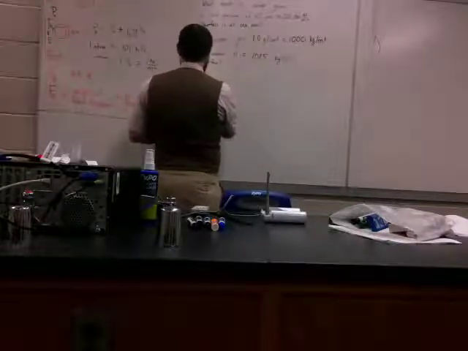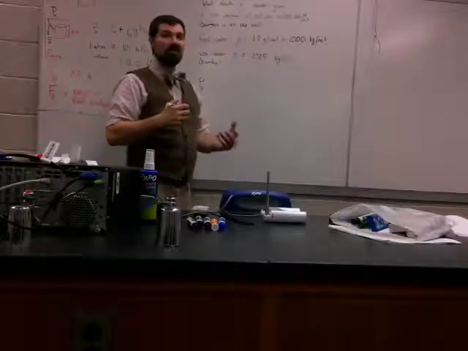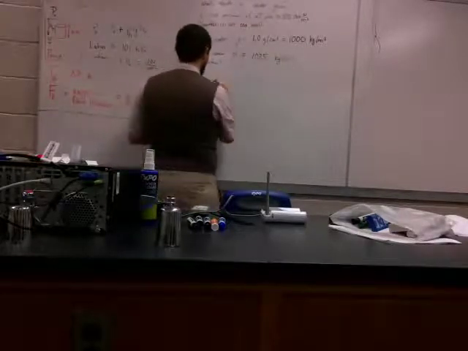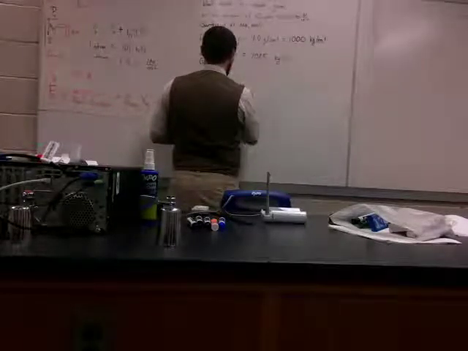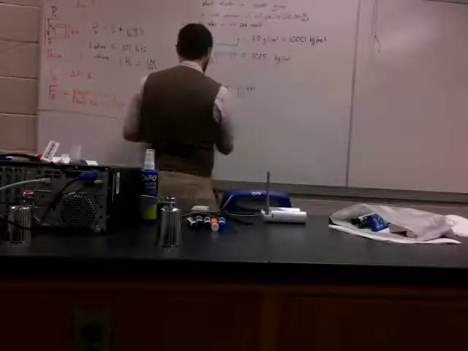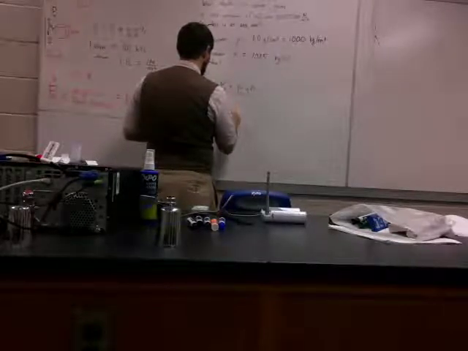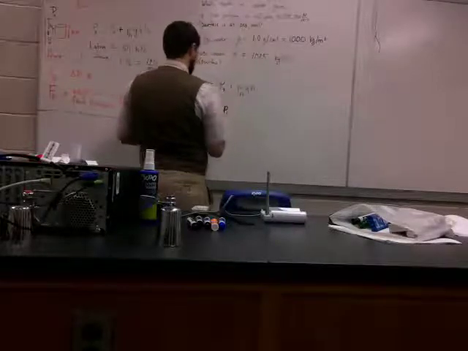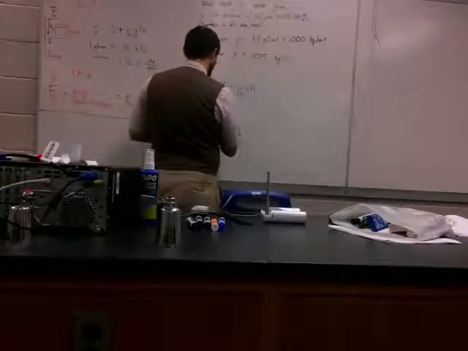So P sub P, by the way, your textbook maybe writes this as P total. So therefore, H must be the total pressure minus the pressure at the surface from the atmosphere itself, divided by G times rho.